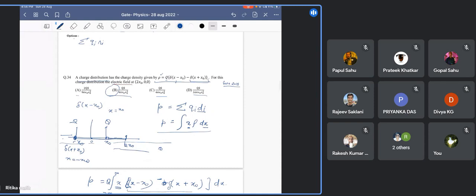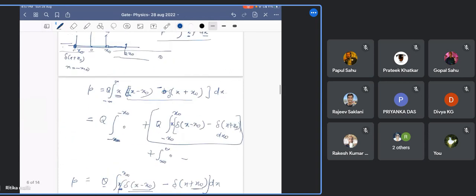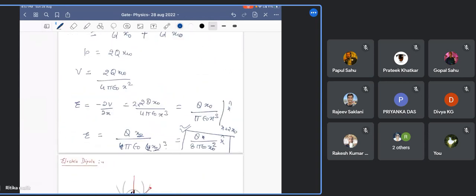There is something wrong with the options. You can check. The answer will be coming in x square, but this one has to be 8 and the option is not given.